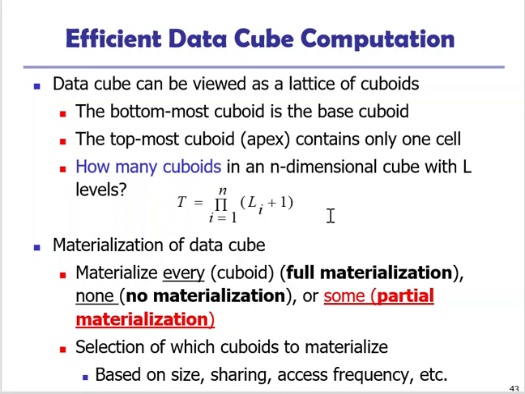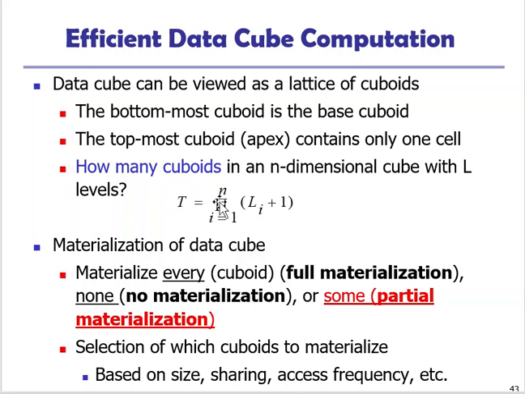So how many cuboids are in that lattice? If the cube has n dimensions, and every dimension has different levels, these levels refer to the concept hierarchy. The answer is this number.